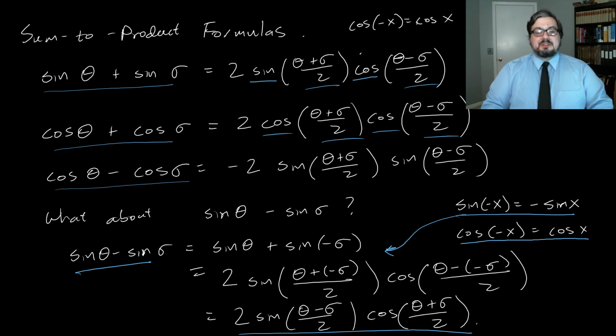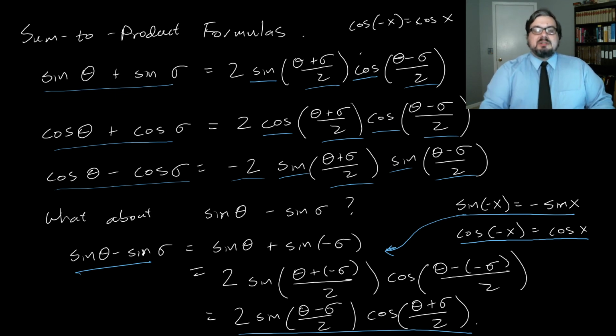Because we're dealing with cosines over here, that corresponds to dealing with the same function on the other side rather than two different functions. We're still dealing with the angles of theta plus sigma over 2 and theta minus sigma over 2. The only difference is that we've got a negative 2 in front rather than a positive 2, pardon me.